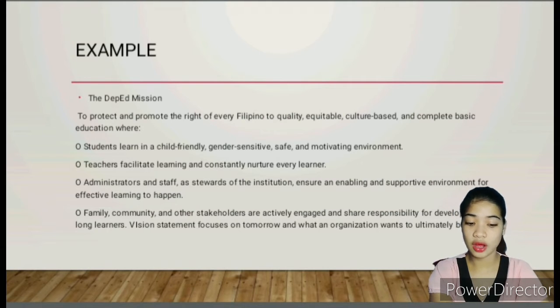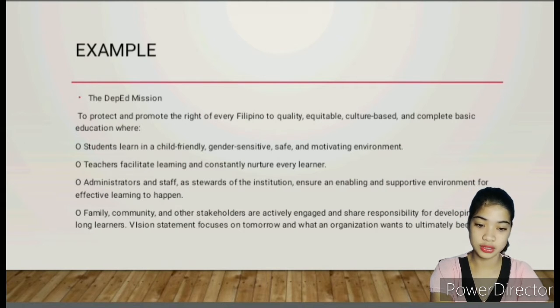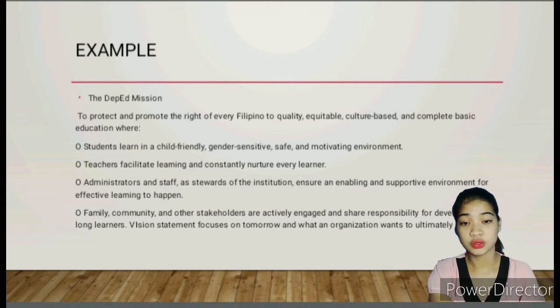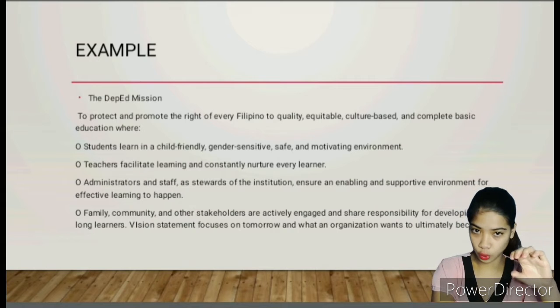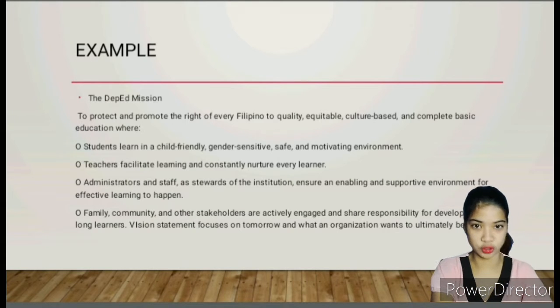Family, community, and other stakeholders are actively engaged and share responsibility for developing lifelong learners. So that is an example of a mission, stating or providing for the various constituencies like students, faculty, etc. They have those goals or their mission as part of the institution.